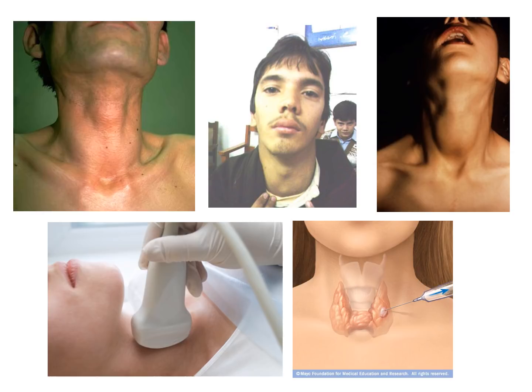Are we dealing with one thing or a number of different nodules on that gland? And then an ultrasound to differentiate it, right? Solid versus cystic, and then the needle aspirate. And there you can see in the cartoon that a needle aspirate is being done of a solitary cystic nodule on that individual's thyroid gland.